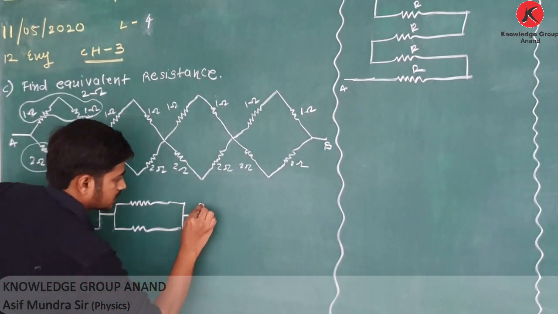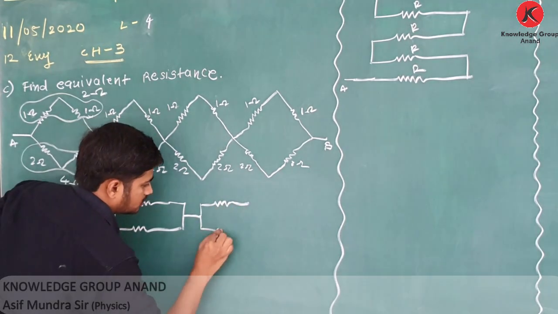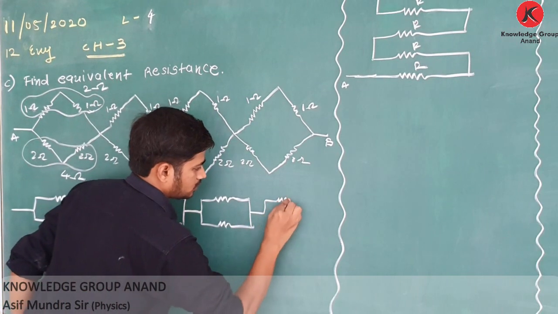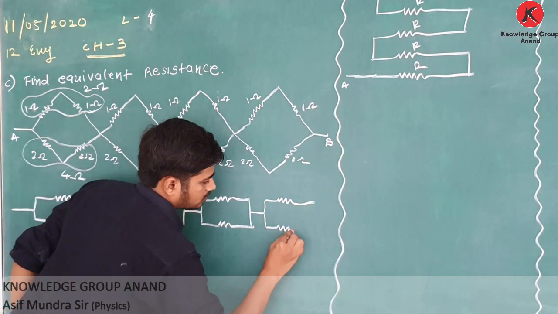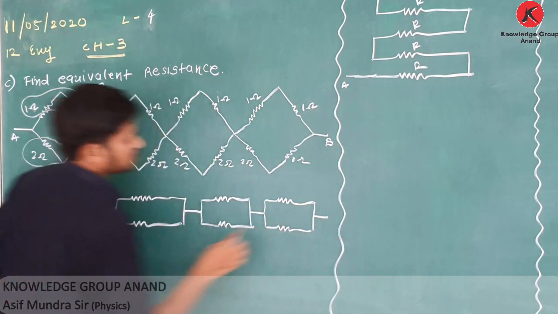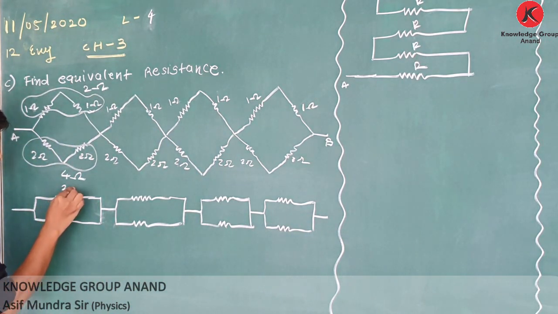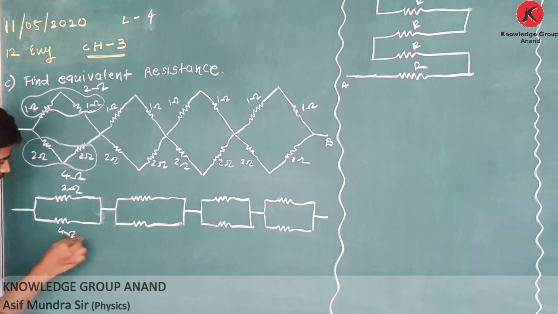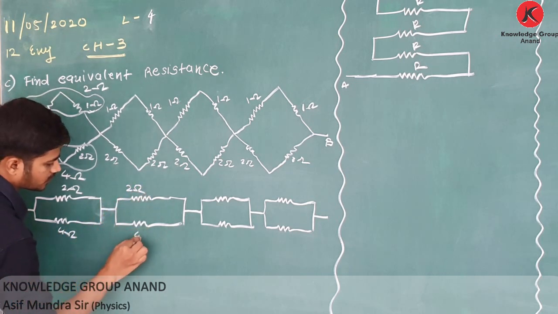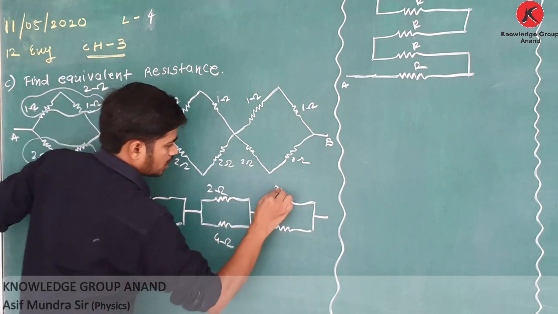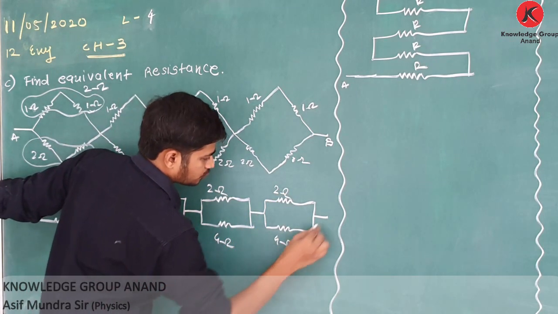Here it is 2 ohm, 4 ohm, 2 ohm, 4 ohm, 2 ohm, 4 ohm, 2 ohm, and here it is 4 ohm.